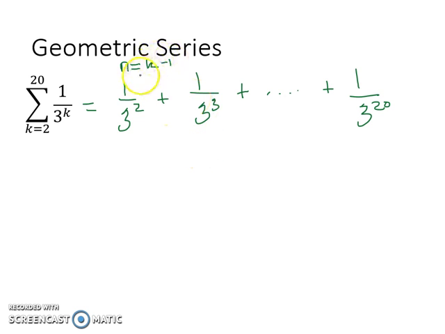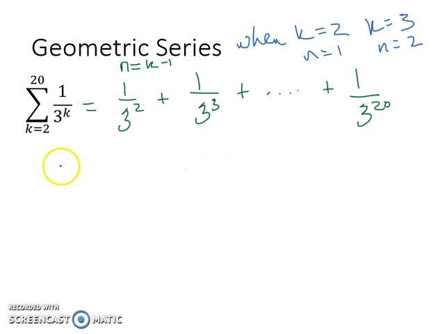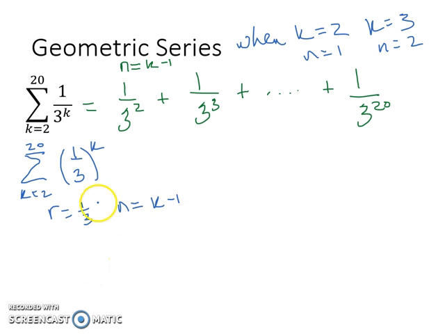Our n equals k minus 1 because when k equals 2, n equals 1. K equals 3, n equals 2. So it's just 1 less. So it's really not too bad. So what we really need to remember: we have k equals 2 to 20 of (1/3)^k, r equals 1/3, and n equals k minus 1.